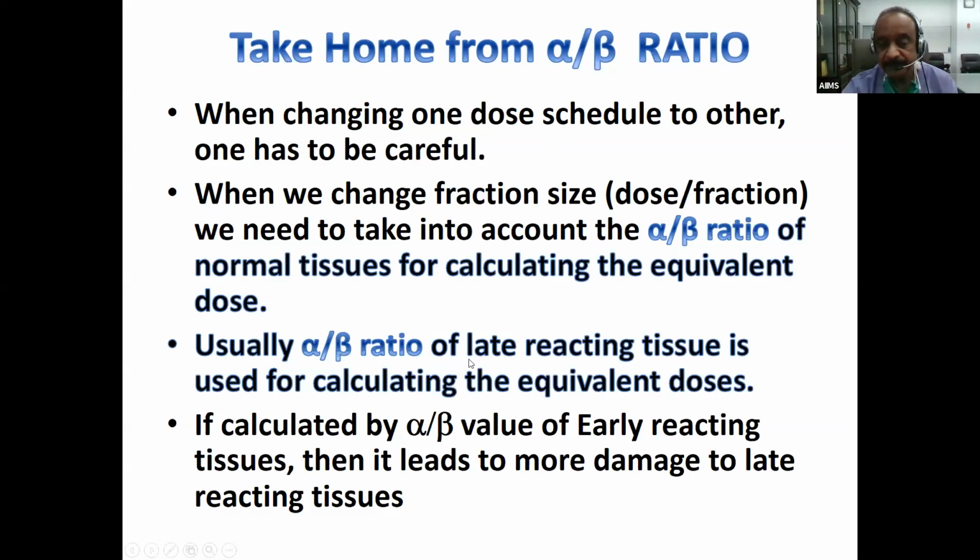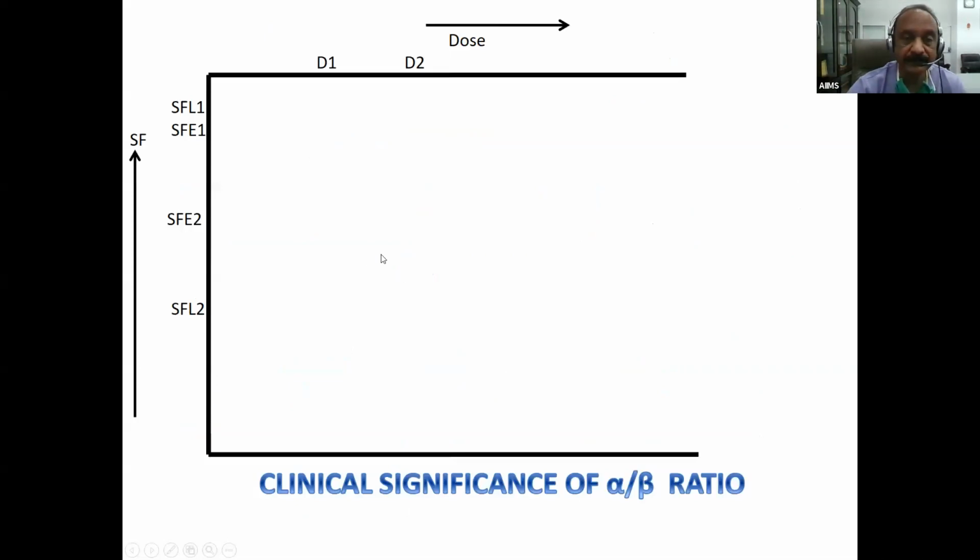Never calculate isoeffective dose based on the alpha beta ratio of early reacting tissue or the alpha beta ratio of tumor. Because if you calculate isoeffective dose based on the alpha beta ratio of tumor or early reacting tissue, then it will damage late reacting tissue more and you will have more late toxicity.